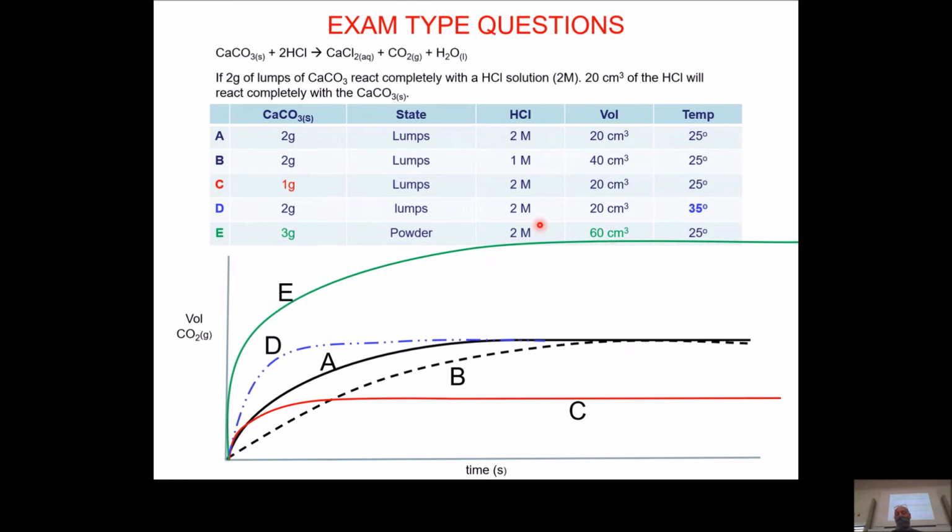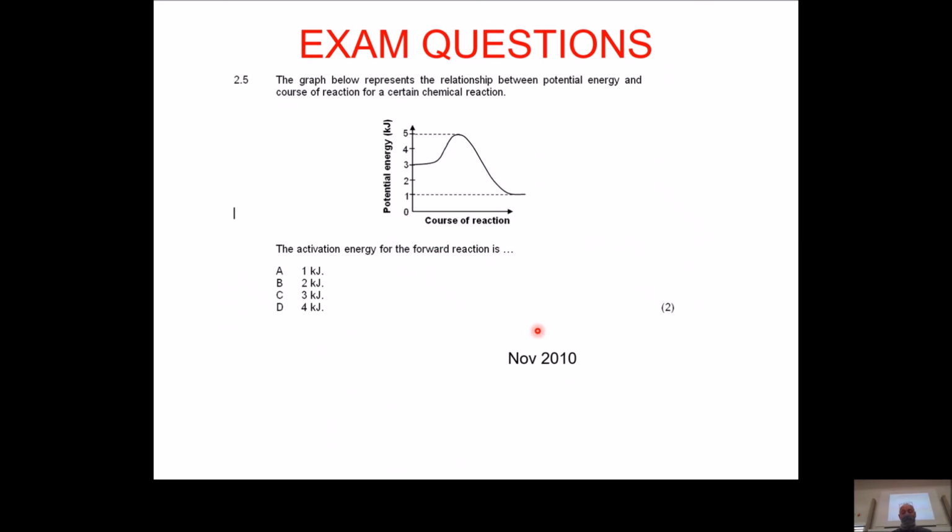But now you've got 60 centimeters cubed of 2 molar. So you've got more HCl. It's the same concentration, but there is more of it. So it's enough to react with 3 grams. If this didn't say 60, then this curve would have landed up here possibly. So there's a lot going on there.